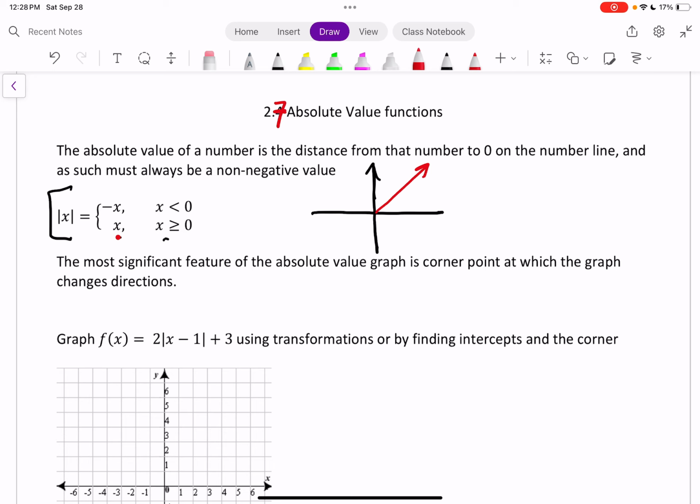However, the absolute value of a negative number, so if x is a negative number you plug in, you must take its opposite. So on the negative side of the x-axis, we draw the function negative x. So it's a downward looking line. Yes, the slope is negative one, so it's going down.